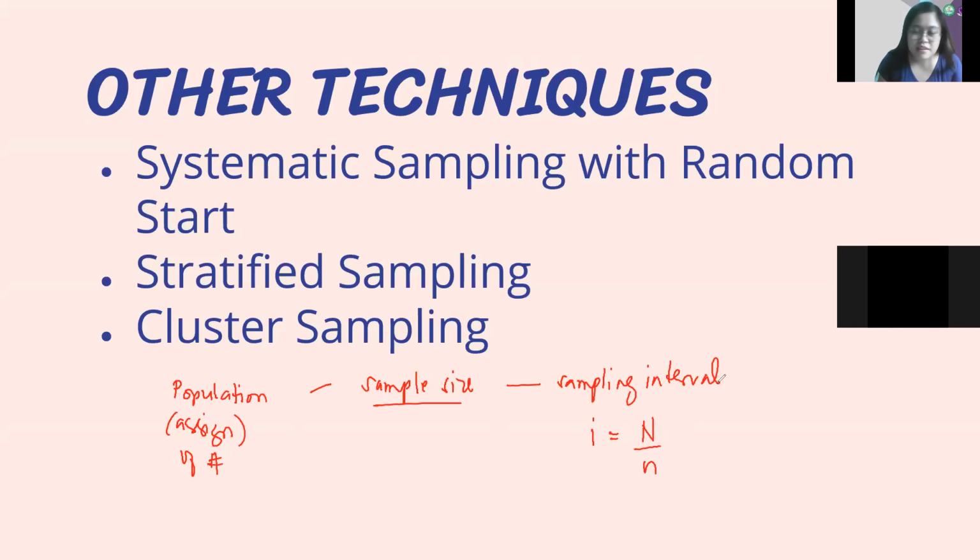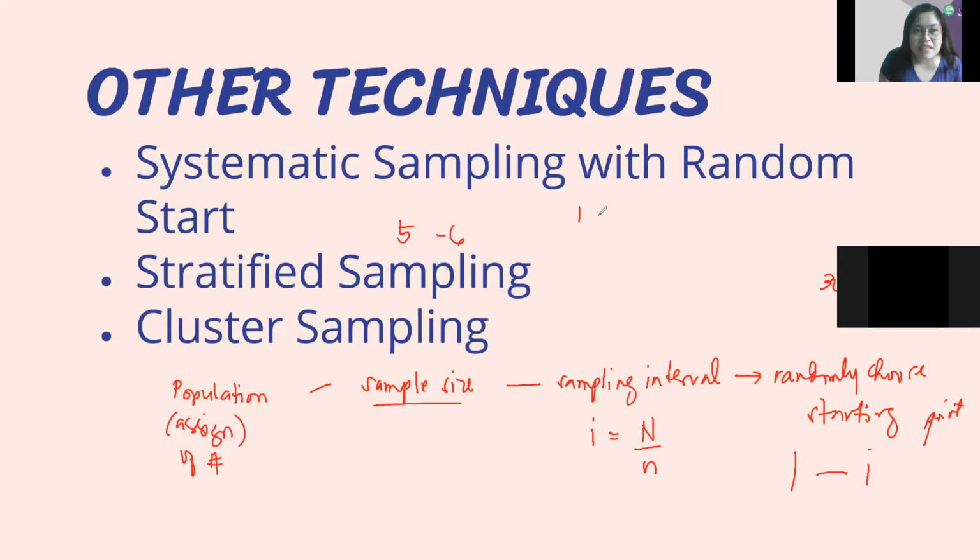Tapos pag after mo na determine ang sampling interval, you will randomly choose the starting point. Okay? Between 1 to the sampling interval ha. So parehas atong illustration niya 1 to 30, na-compute niya na sample size is 5, the interval is 6.